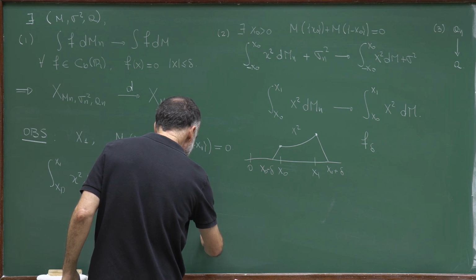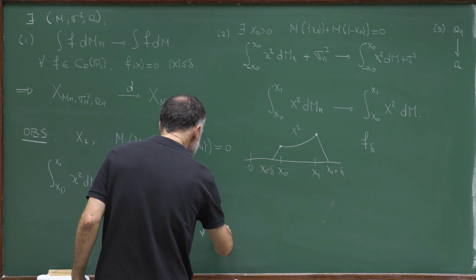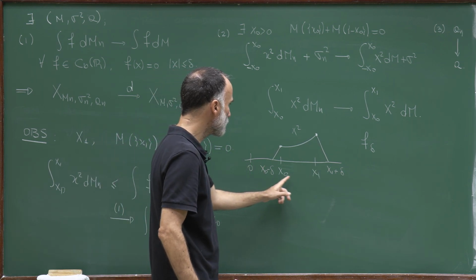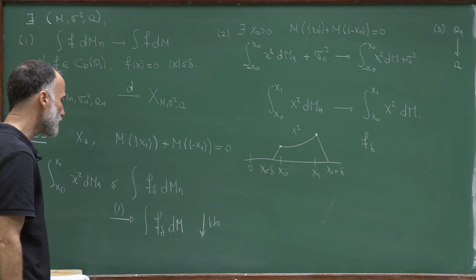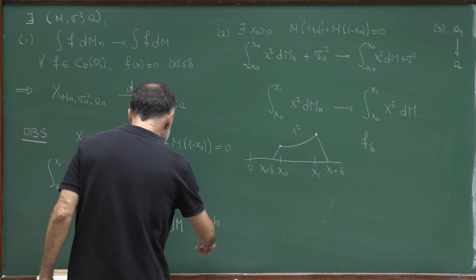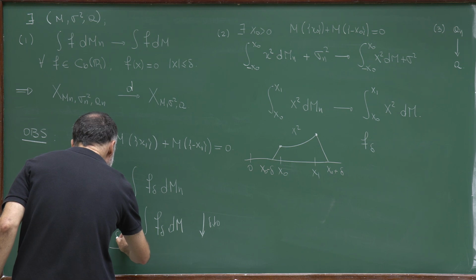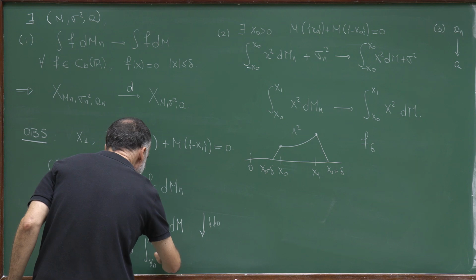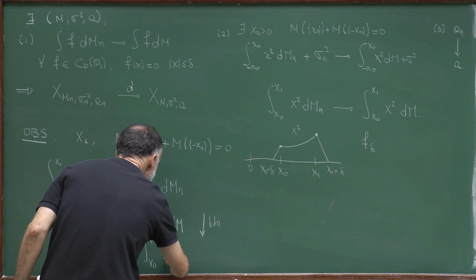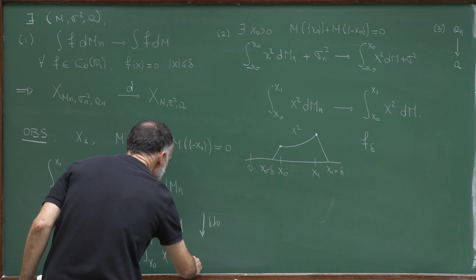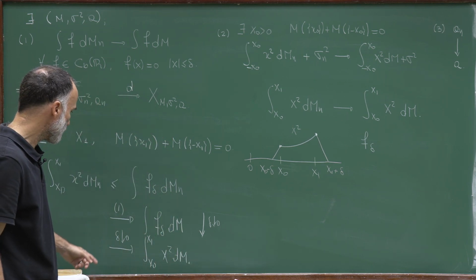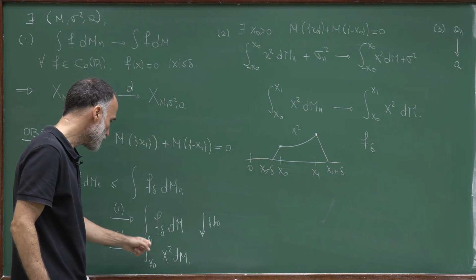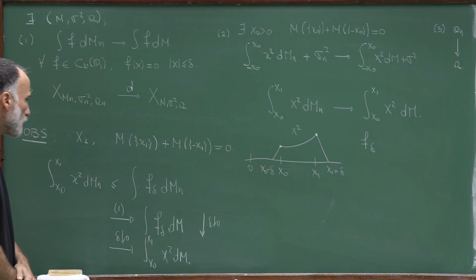Now I can send delta to 0, to say that because x0 and x1 are continuity points of M, as delta converges to 0, this expression will converge to the integral from x0 to x1 of x squared dm. I leave it to you to check that if x0 and x1 are continuity points, then as delta goes to 0, this integral converges to that one.